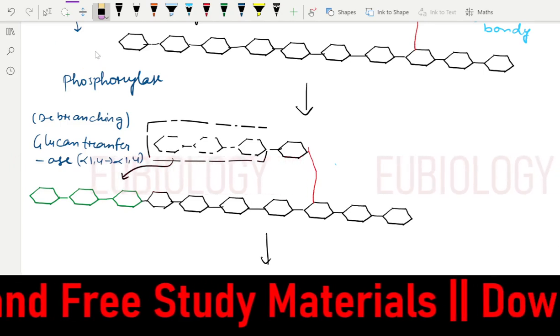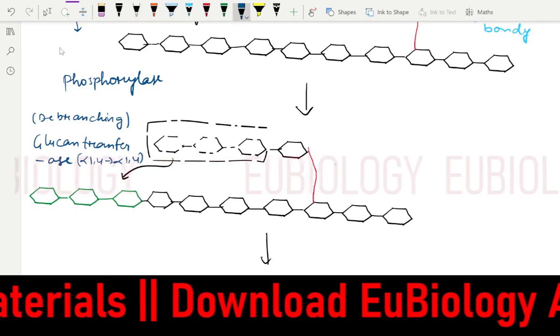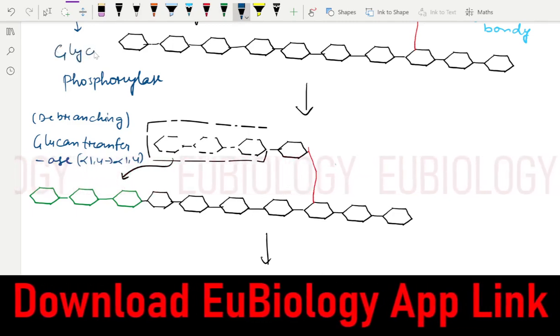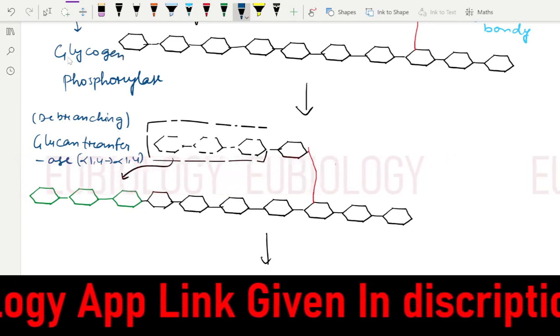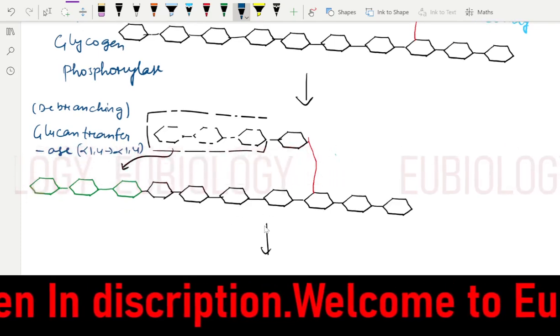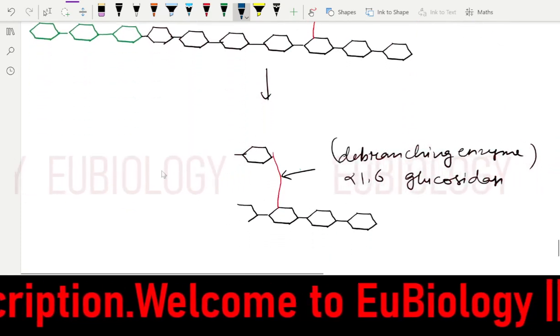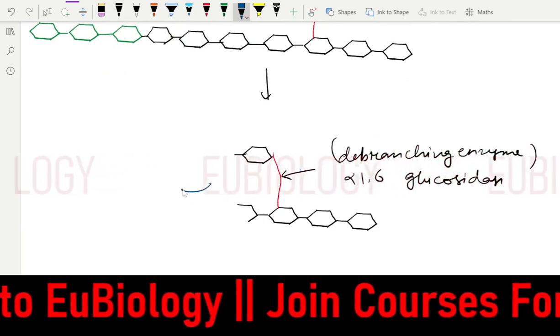It is not disappearing. If it is present, it will break all these residues again in the alpha 1,4 direction. Then this will be broken down and finally you will get the glucose.